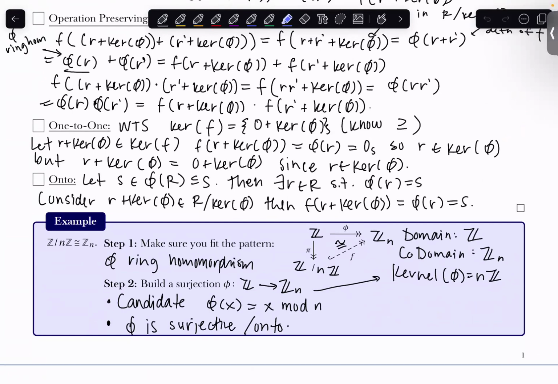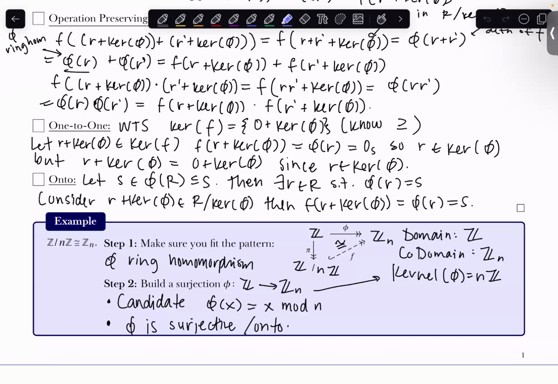So what you want to do is fit the nice pattern of our first isomorphism theorem. What you want is a map from the top part of our quotient, the big ring, to the simpler ring that's not a quotient. Because I want this to be the full image inside of my first isomorphism theorem, I need to come up with a ring homomorphism that is surjective.